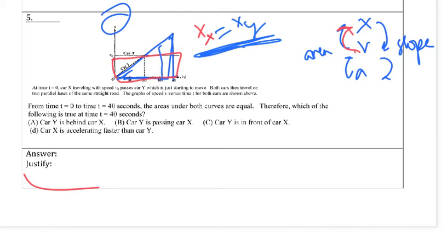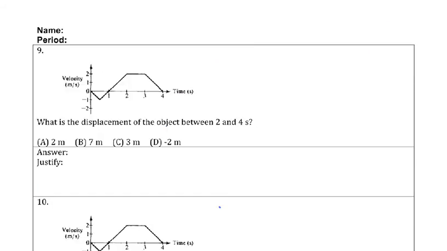So car Y has been behind car X. Okay, when they're equal, that is when Y will be passing X. Okay, so it's not that Y is in front of X, it's that at that very moment Y is passing X.